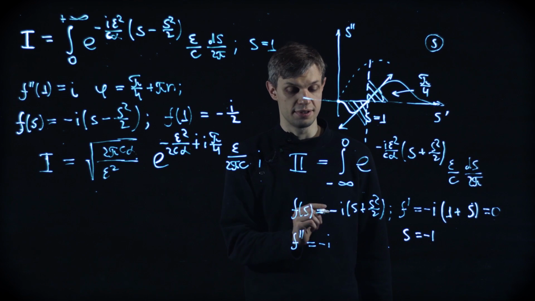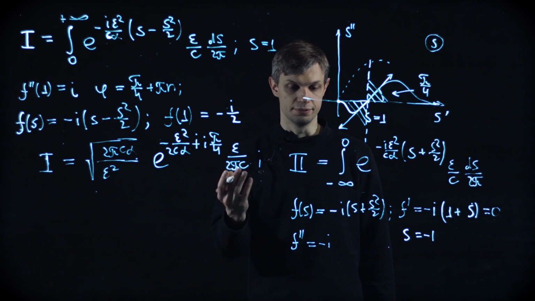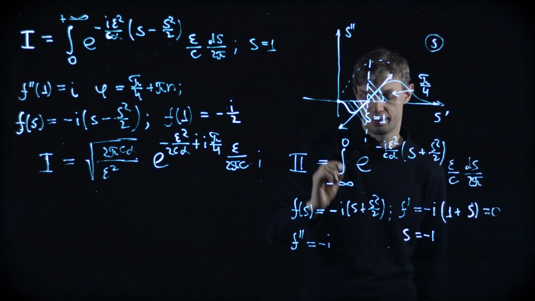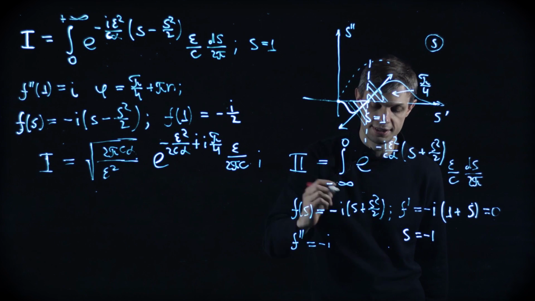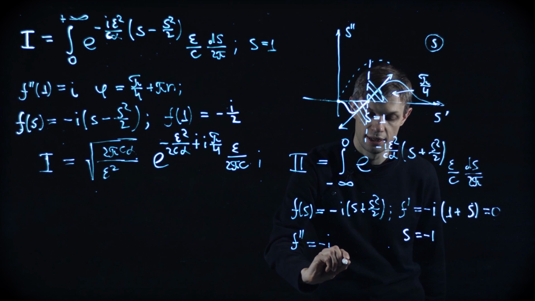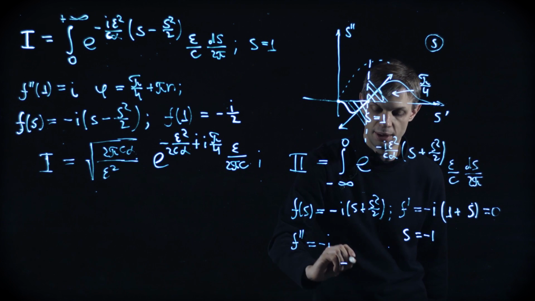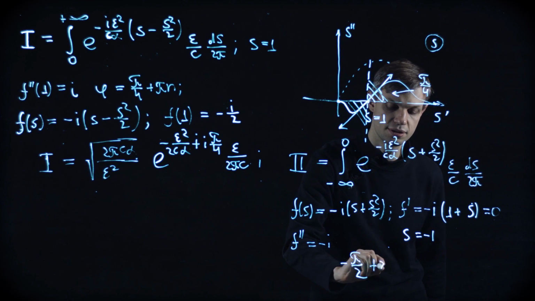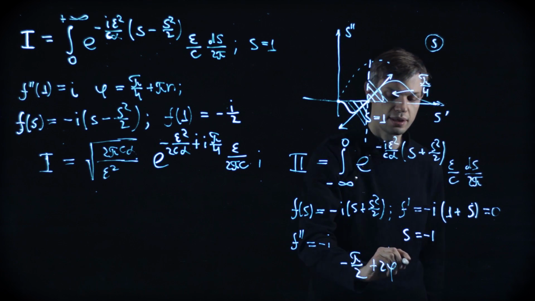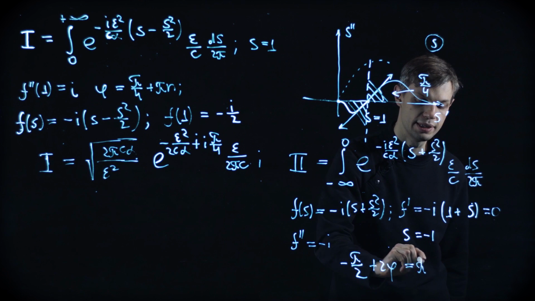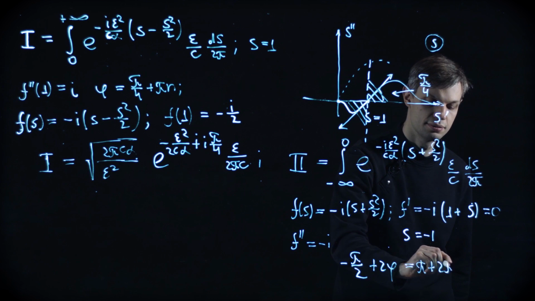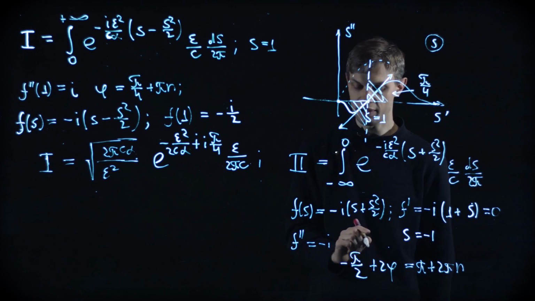So now the argument of the second derivative is minus pi by 2, and the same steepest descent direction condition looks like the argument of f double prime, which is minus pi by 2, plus 2 phi, is equal to pi plus 2 pi n. And here we go.